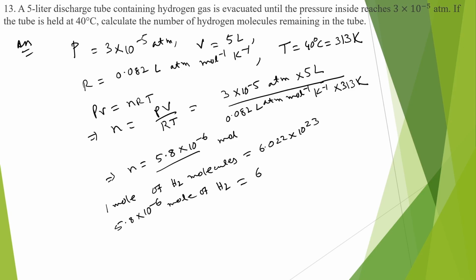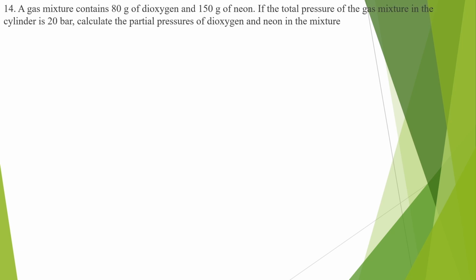So it is 6.022 times 10 to the 23 times 5.8 times 10 to the minus 6. So it gives 3.4 times 10 to the 18 molecules. This was a very easy problem. Now, we move to problem number 14.